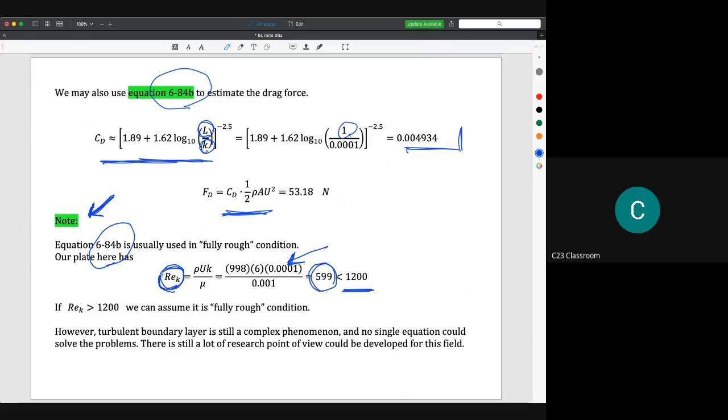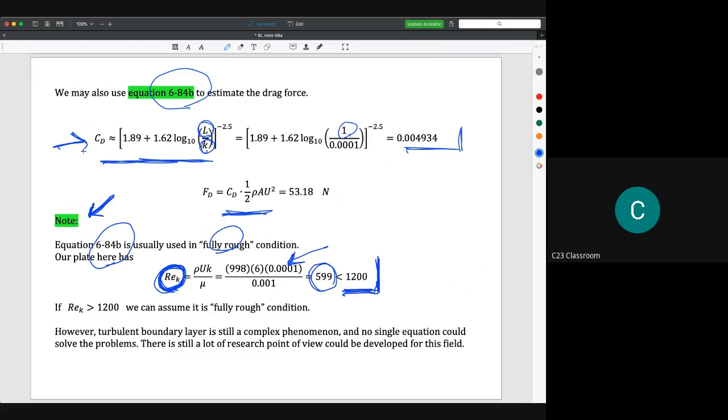If the Reynolds number K exceeds 1200, our condition is fully rough. But in this question, our Reynolds number K is less than 1200, which means it is actually the intermediate condition.